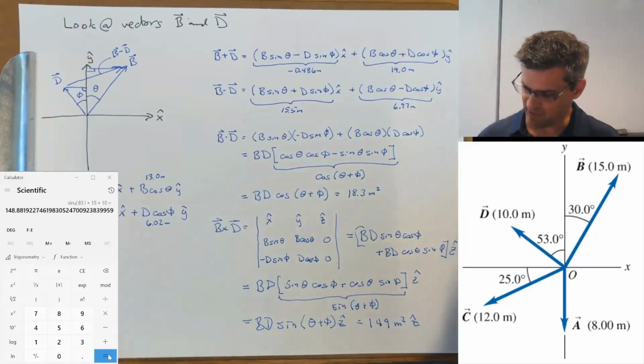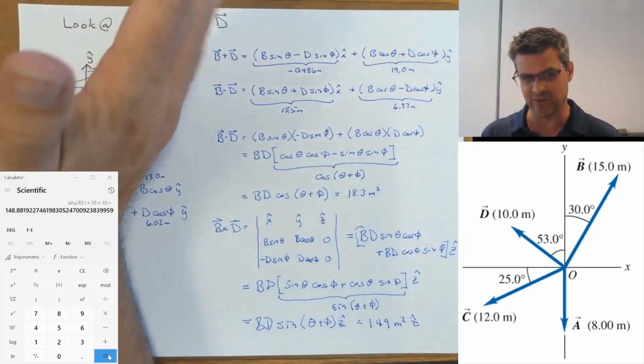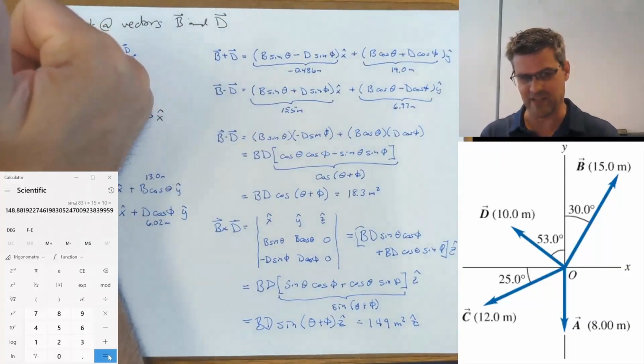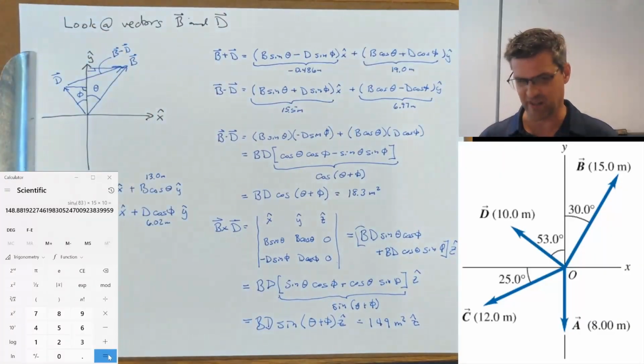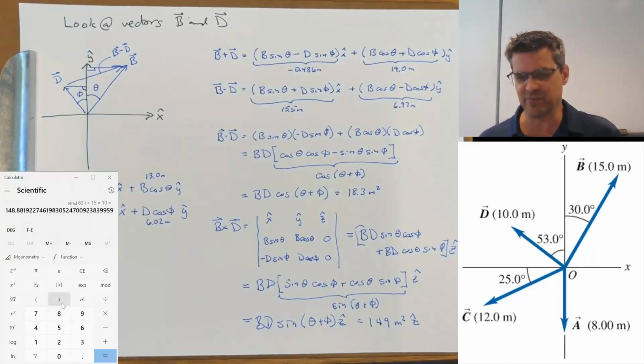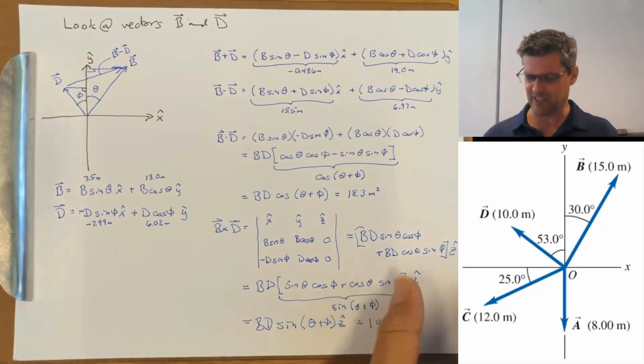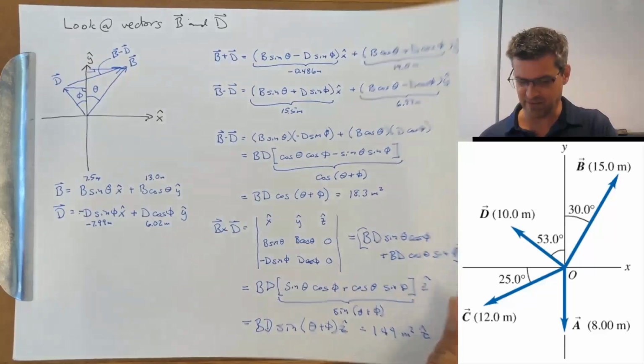Now note here, B cross D, for the right-hand rule, you see my right hand here, B cross D comes out of the page in the z direction. So putting all this together, this is a perfectly valid way to talk about directions and magnitudes and how things are going to work. I'm going to show in just a little bit that maybe we could look at this problem in a slightly different way and get different results.